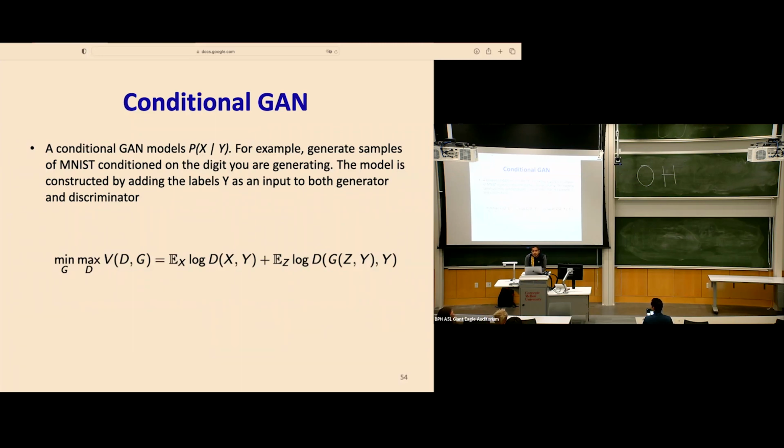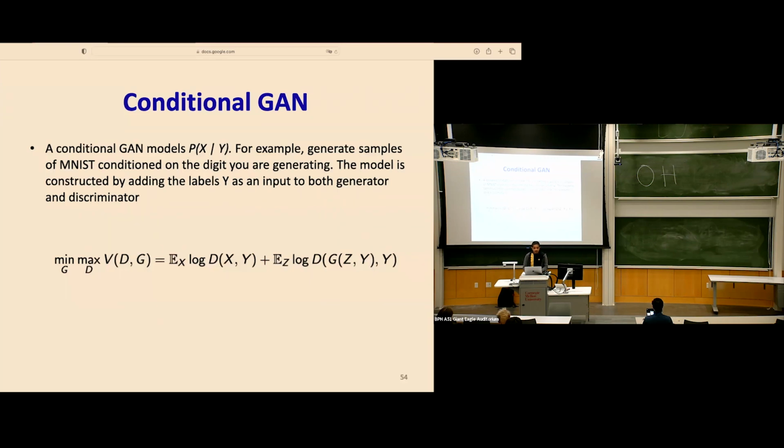It looks like it's generating images conditioned on some goal, what it's supposed to be. Yes, exactly. It's generating images conditioned on the input you give it.